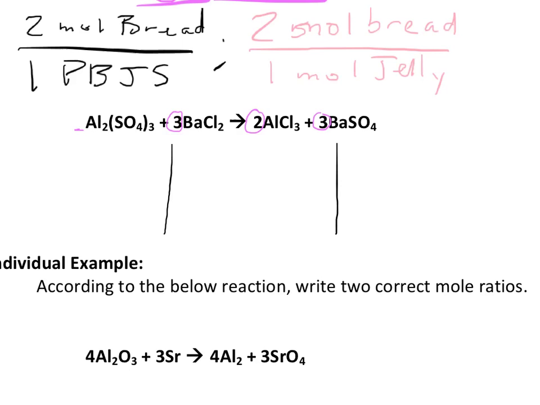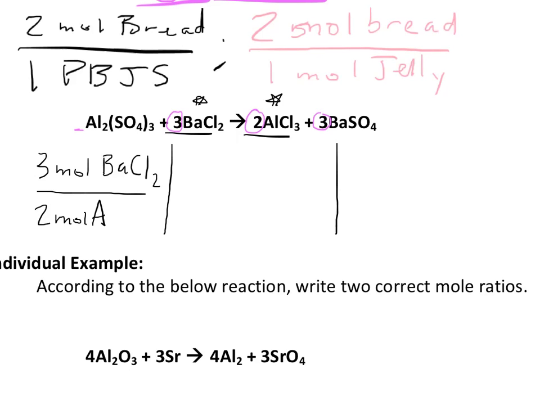Let's compare how many moles of BaCl2 react to produce how many moles of AlCl3. So we know that for every 3 moles of BaCl2 that we react, we'll produce 2 moles of AlCl3.